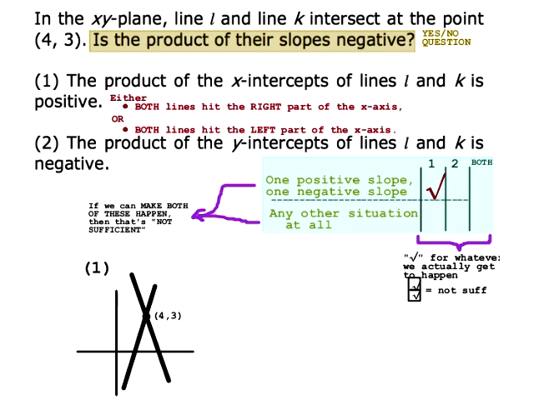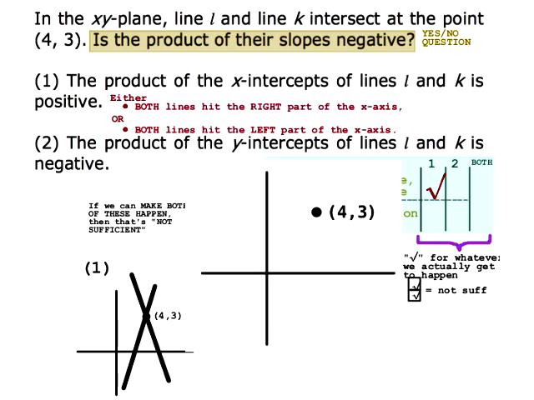So that's going to check off the top box. And again, see, this is the point of organizing your goals like this, because now that we've written this, we know exactly what it is that we're trying to do, which is we need to still do this, but now we have to make a situation that is not one positive slope and one negative slope.